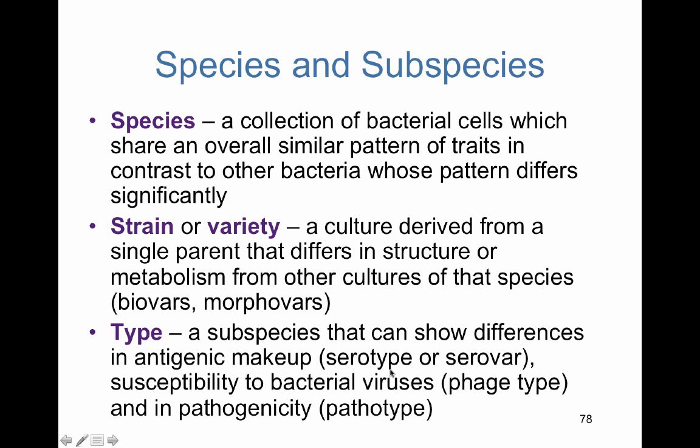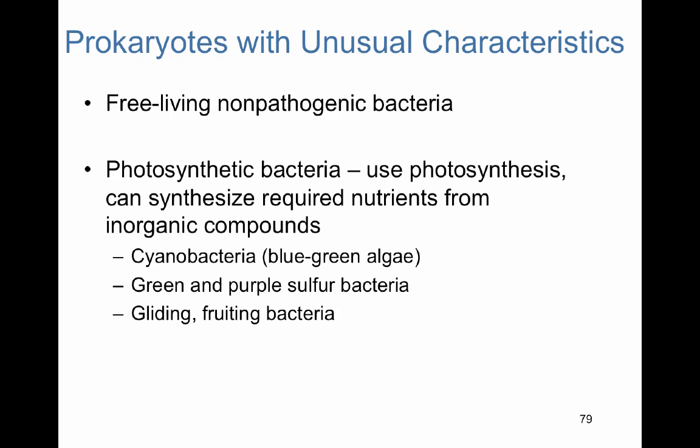So serotypes, for example, or phage types with regards to the bacterial viruses that can infect those strains of bacteria. So the type, again, is referring to the antigen. And a good example of different serotypes would be in strep bacteria. There are multiple different streptococcal types based on the antigen that's expressed on the surface of the cell.